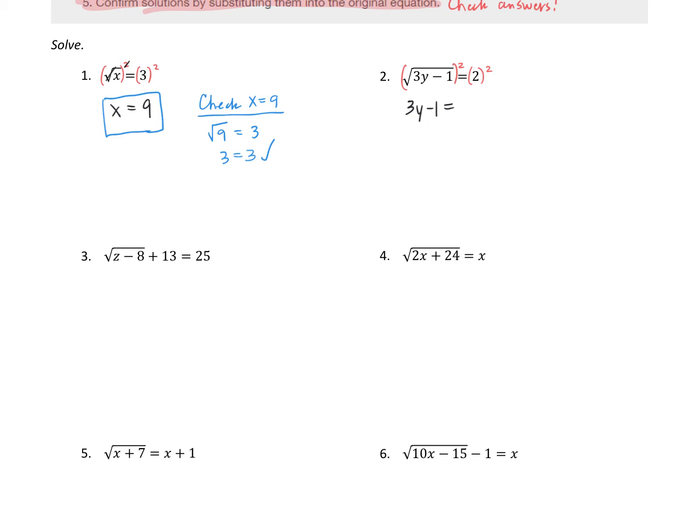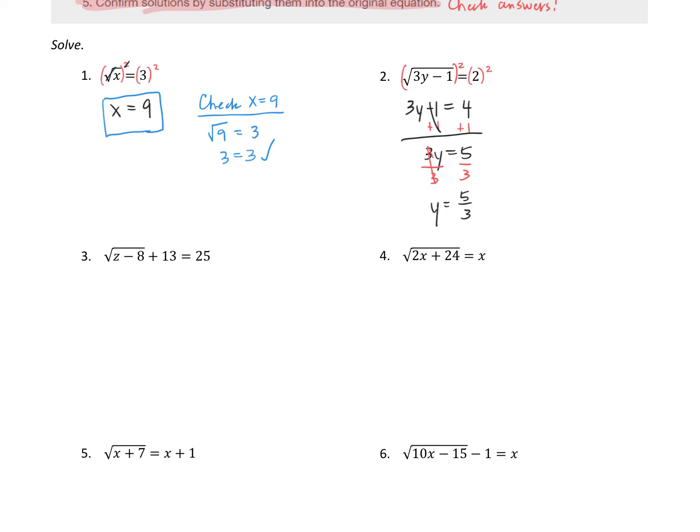And on the right-hand side, 2 squared is 4. I now have a simple linear equation, so I can solve it by getting the y by itself. So I'm going to add 1 to both sides, and I get 3y equals 5. Divide by 3, so I get y equals 5/3.